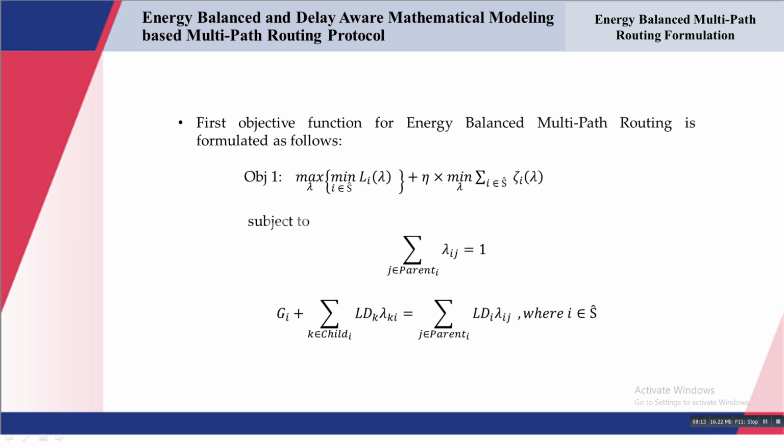Now, as we know, in multipath routing the packet needs to be segmented before sending towards the parent node, and after that all these segments have to be reassembled at the base station. This process of segmentation and reassembly creates delay.